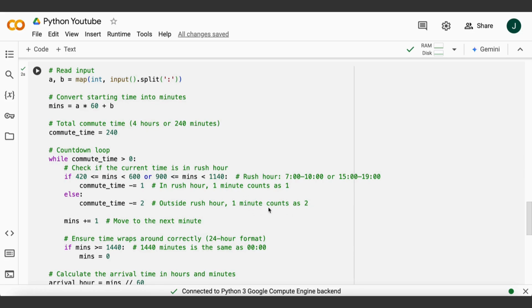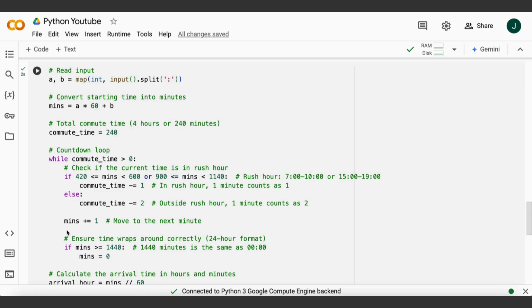I hope that logic makes sense to you. And then I'm going to count the minute all the time, okay? So basically, rush hour minus 1 for each minute, and non-rush hour minus 2 for each minute, okay?